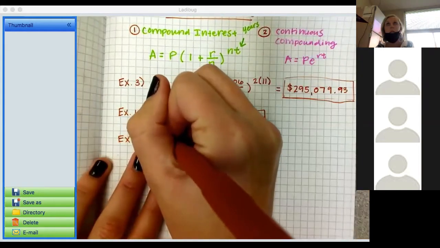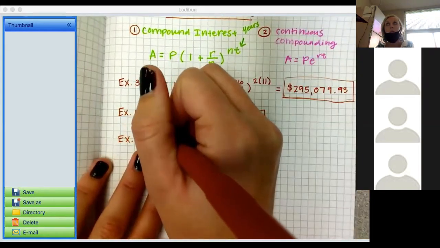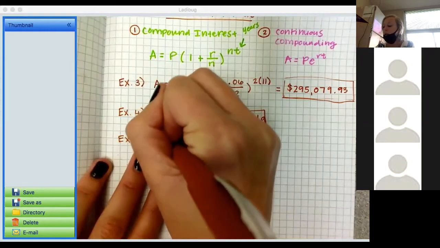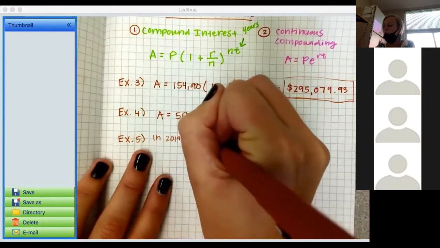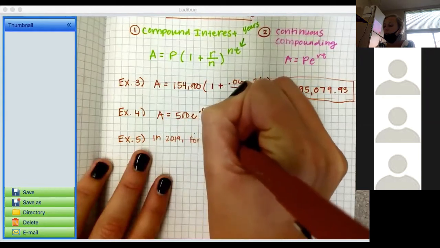We'll use Miss Pool's example. When did I buy my house? 2019. In 2019, Miss Pool purchased a house for $154,000.